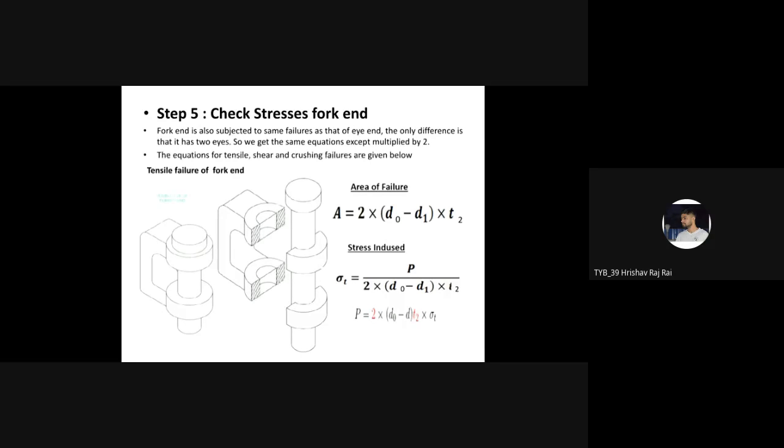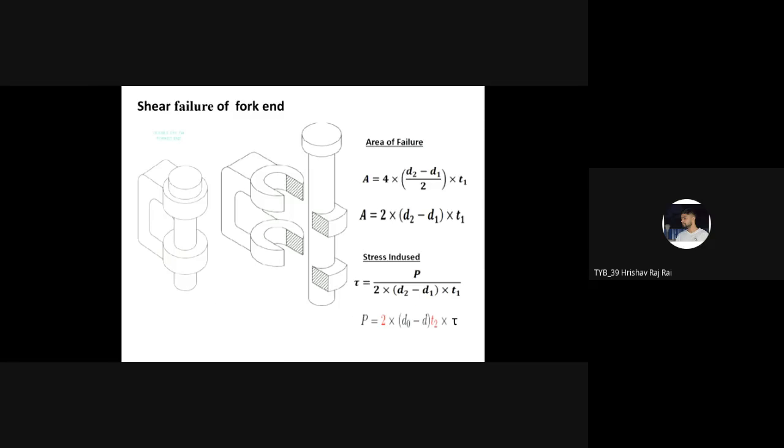Over there, all the corrected formulas are there. So we modify this formula as P is equal to 2 multiplied by (dO minus D) into T2 multiplied by sigma T. In this case, we just have to check whether this sigma T value is less than the allowable value, that is the design stress value.